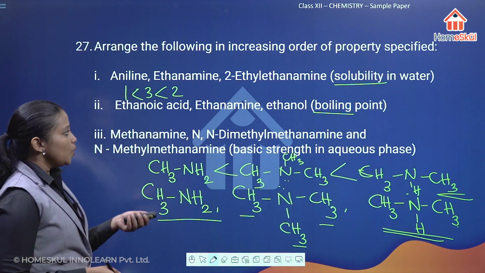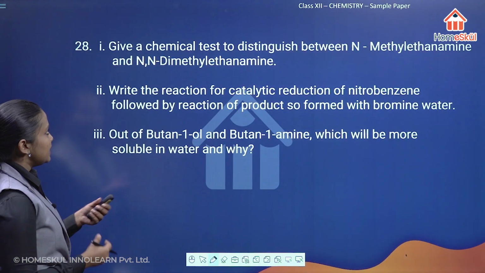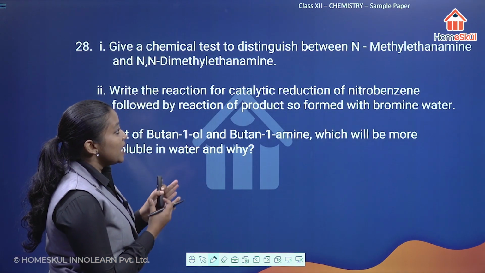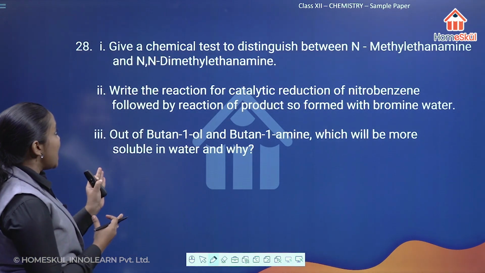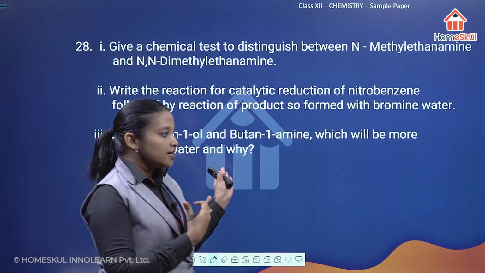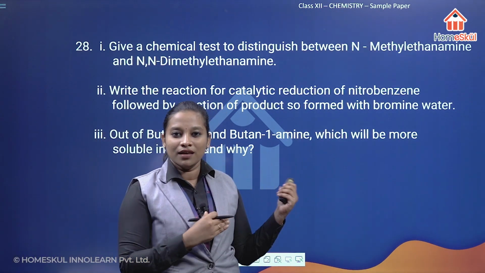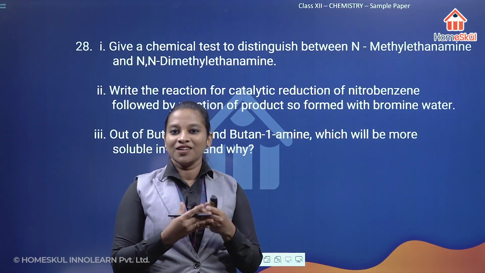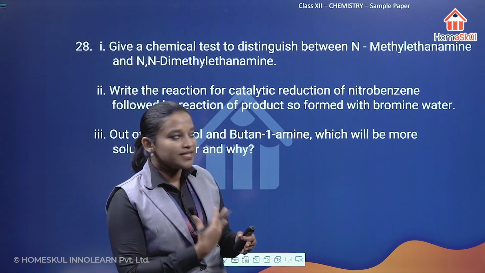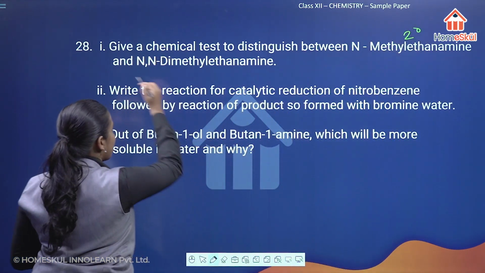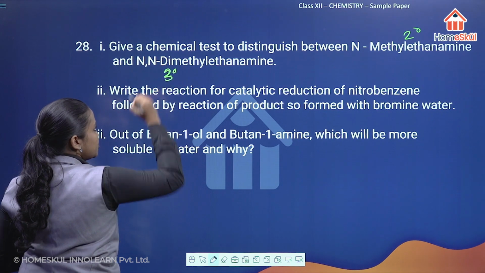Now we are moving on to the next question. Give a chemical test to distinguish between N-methylethanamine and N,N-dimethylethanamine. We already saw the structures of these two amines in the previous question. From there we understood that one is secondary and the second one is tertiary.